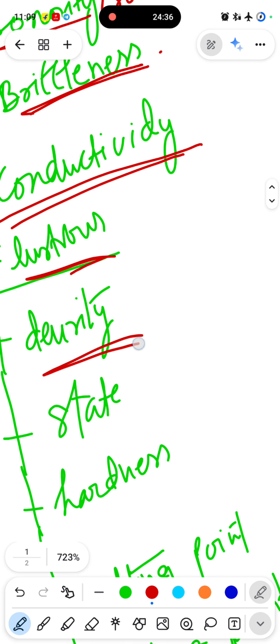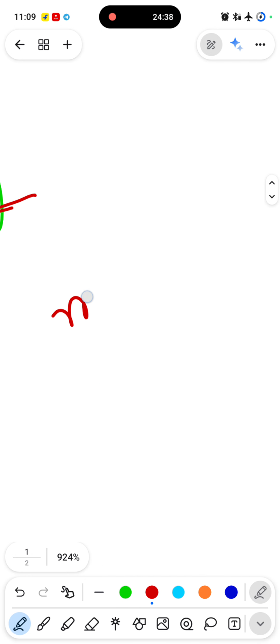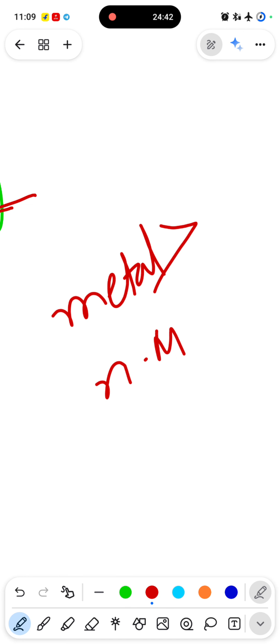Then for density, metals have higher density than non-metals.